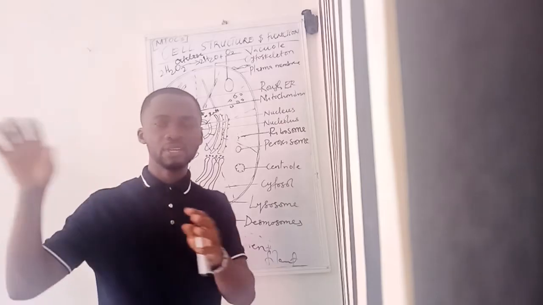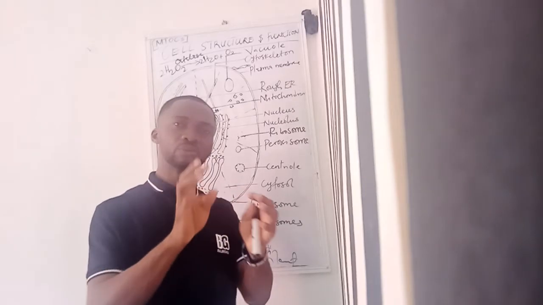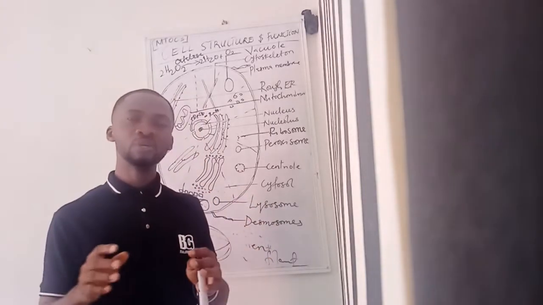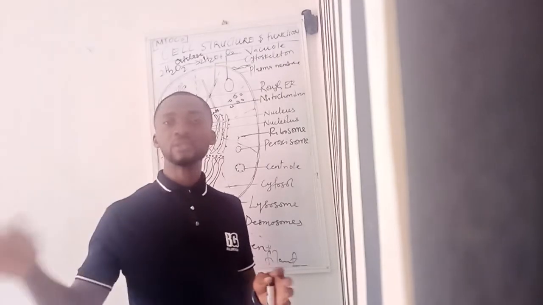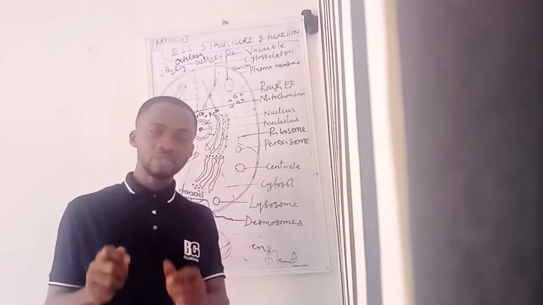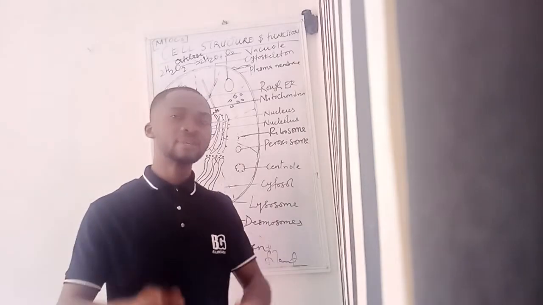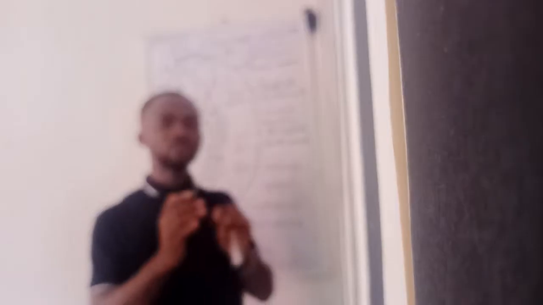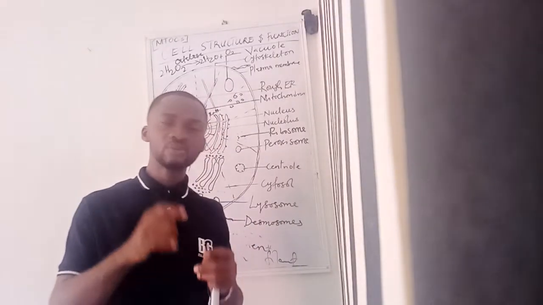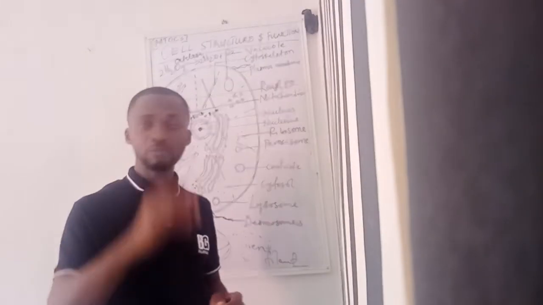Now, the lysosome may fuse with this phagosome to form another structure that is called a phagolysosome. That is when the lysosome releases enzymes. It also contains, just like peroxisome, some set of enzymes that help in the digestion of macromolecules.